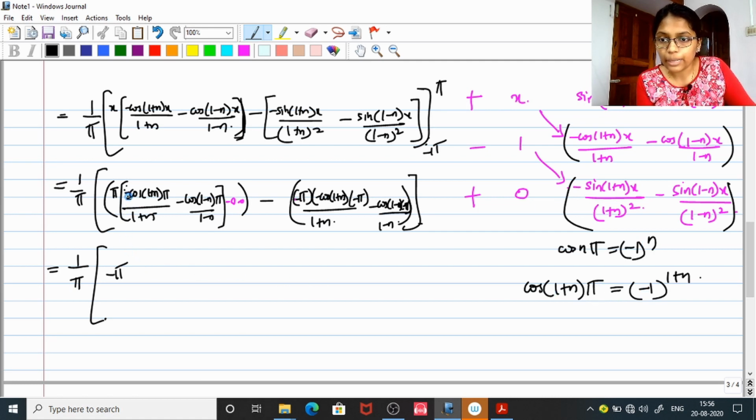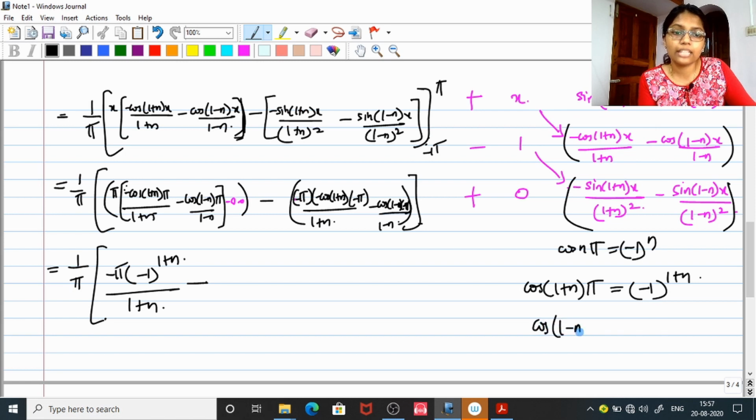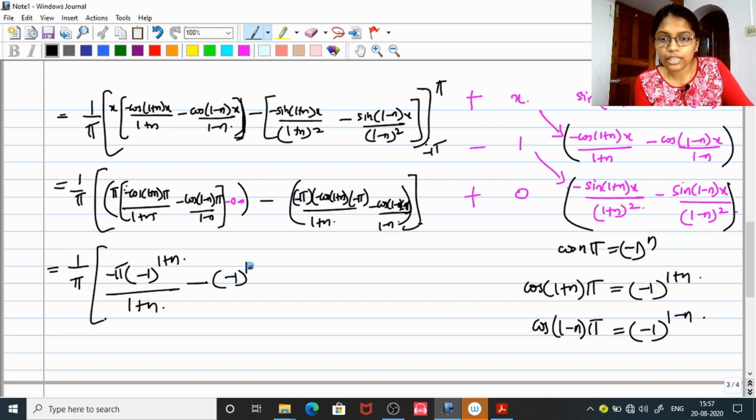So it is minus pi, and cos 1 plus n pi is negative 1 raised to 1 plus n, divided by 1 plus n, minus, what is this? Cos 1 minus n of pi is again negative 1 raised to 1 minus n. Okay, so it is negative 1 raised to 1 minus n divided by 1 minus n.